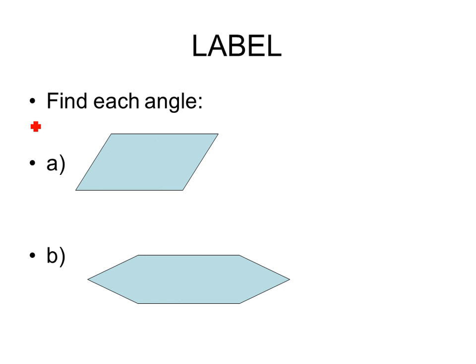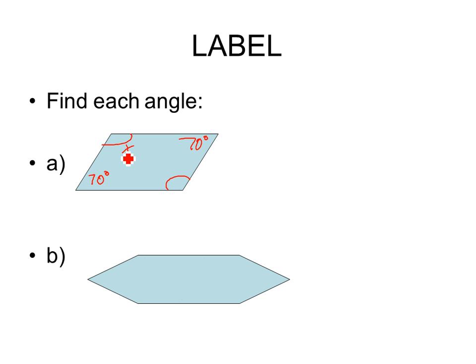Some of these, they'll give you something like this. And maybe they'll tell you these two are congruent, and maybe this one is 70 degrees, and this one's 70 degrees. How would you find, maybe I'd call that X, how would you find X there?